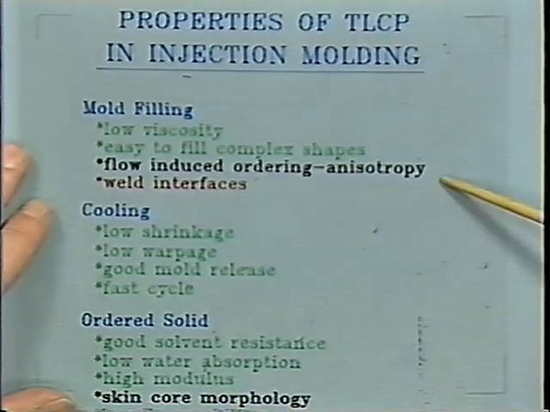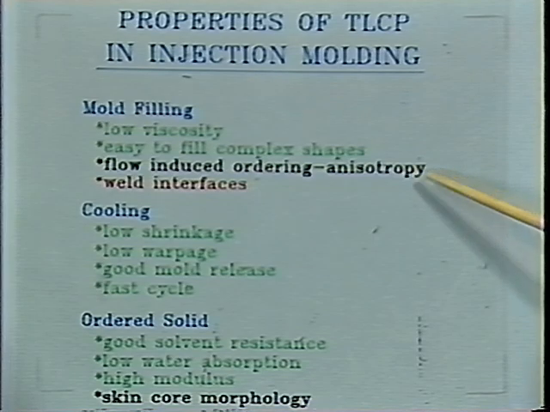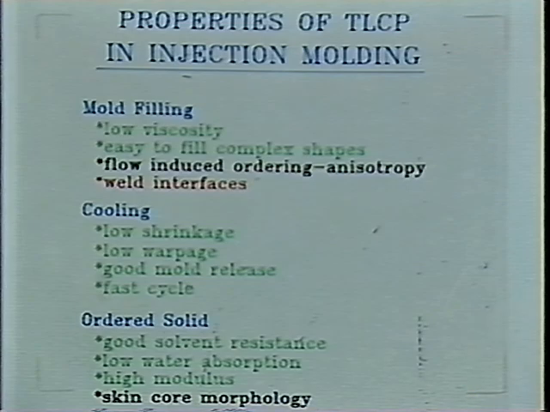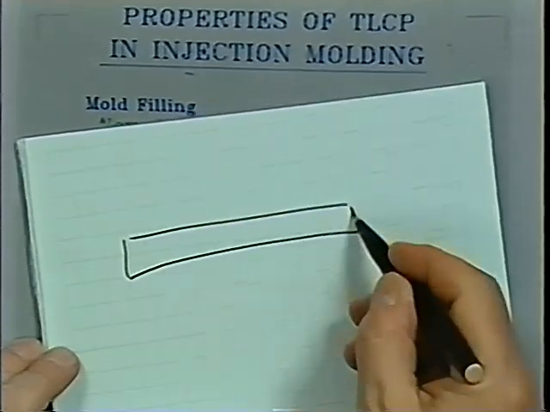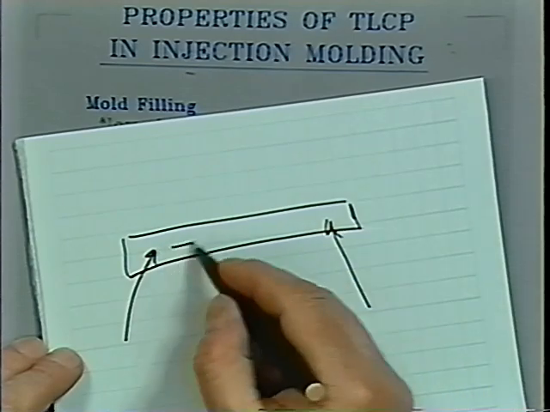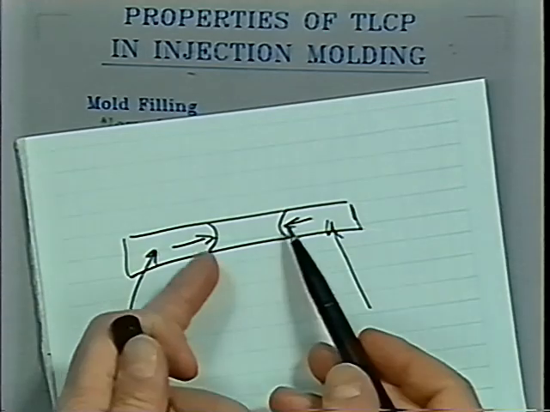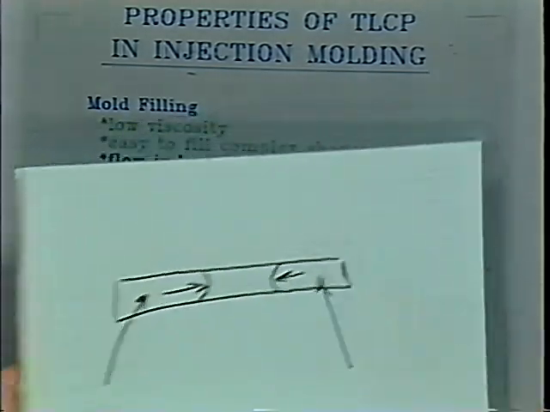The flow-induced anisotropy is not desirable in all cases. We're not going for mechanical strength, as you will see in a moment. Weld interfaces occur quite frequently in molding because the mold, which has maybe a very complicated shape, might be fed from two parts. And as the two fronts of melt approach, they get into contact, and then they form an interface of highly oriented molecules.